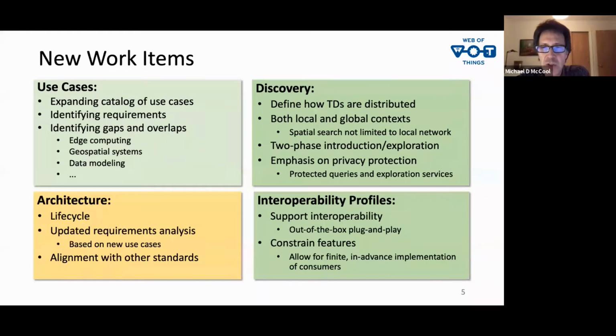So in particular, we're using a two-phase approach. The first phase is open and uses a variety of existing discovery protocols as a first contact mechanism, but does not distribute metadata. Then after authorization, you get an exploration phase where you actually get access to thing descriptions.